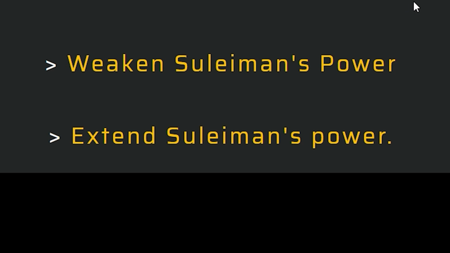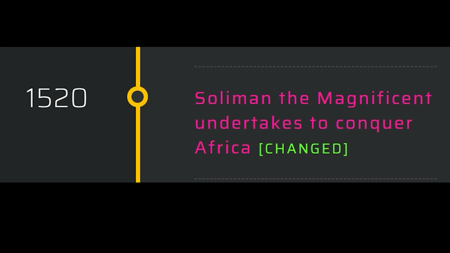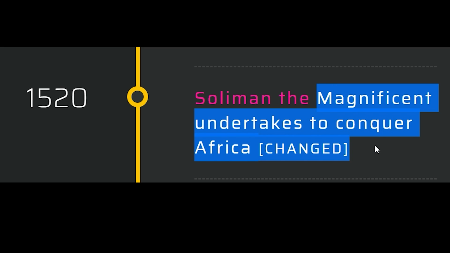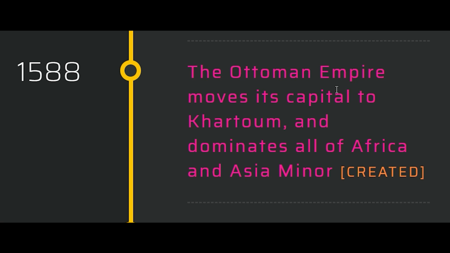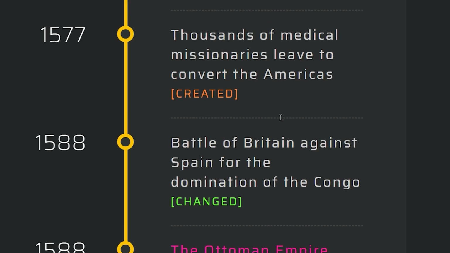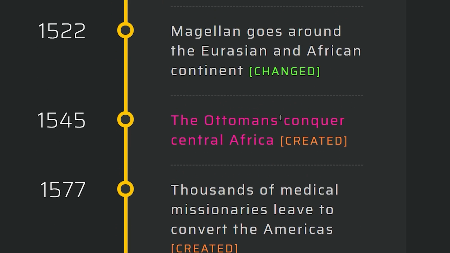All right, we're gonna see what happens if we make the Ottomans much thicker. They're gonna be thick boys. Okay, so in 1520, we have this man, the Magnificent, conquering Africa for the Ottomans. The Ottomans have now conquered Central Africa. The Ottoman Empire moves its capital and dominates all of Africa and Asia Minor. Now this is getting confusing because didn't the Europeans go after America too earlier because they didn't discover Western Britannia, whatever.